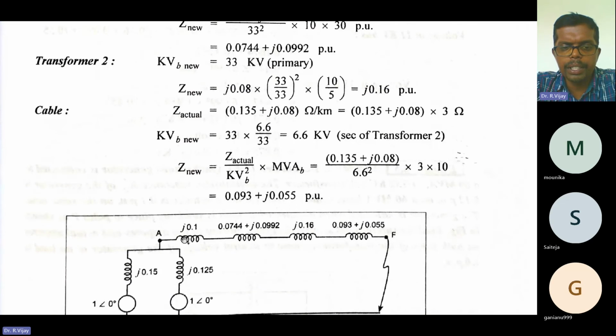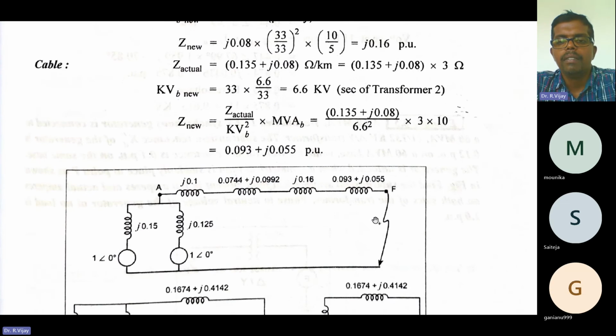So simply we are connecting all the impedance in series with these two generators. You consider the fault is happening at the same place as in the single line diagram, here.